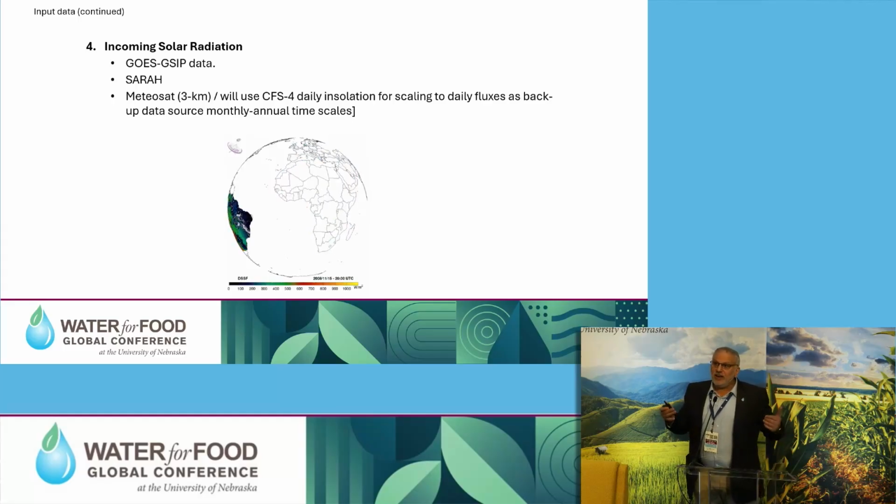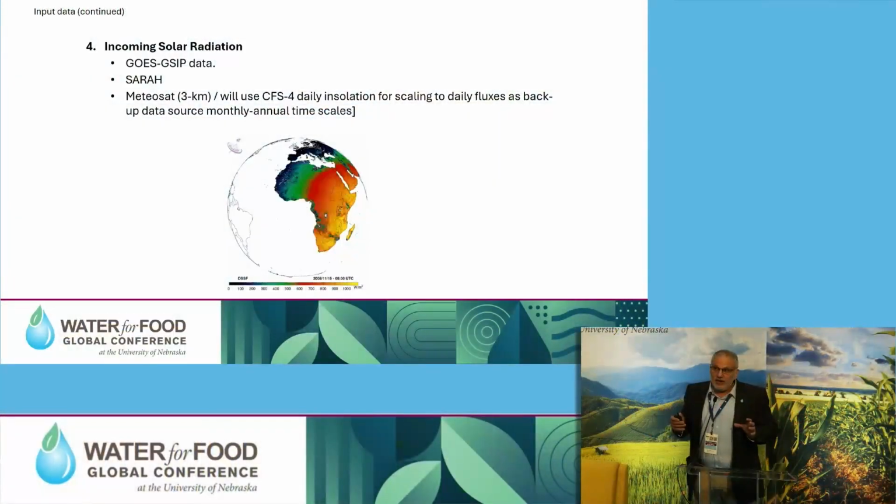The total incoming energy is also an important input in our model because we need to know the total incoming energy from solar, and we obtain it from GOES GSIP data. It's globally covered. Beyond 2018, it stopped over the United States. They don't process it anymore, and I've been communicating with NASA a lot about this. Hopefully, they will provide us with this, but we use an alternative now for that GOES data.